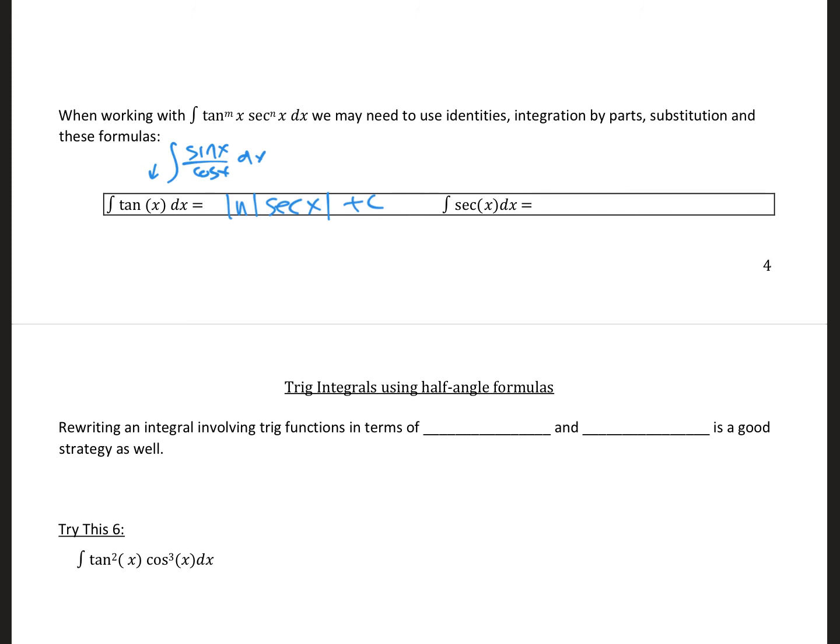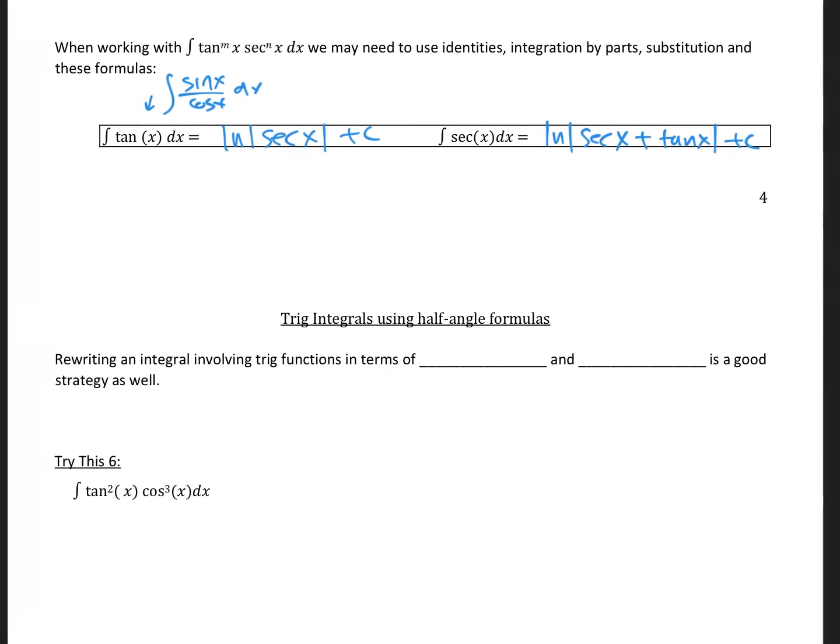And the same for secant: the integral is the natural log of secant x plus tangent x plus C. So I can remember those two separately by themselves. When we have tangent and secant mixed, I can use one of the strategies with even power and odd power. When you have tangent or secant by itself, I can use that formula right away. Okay.